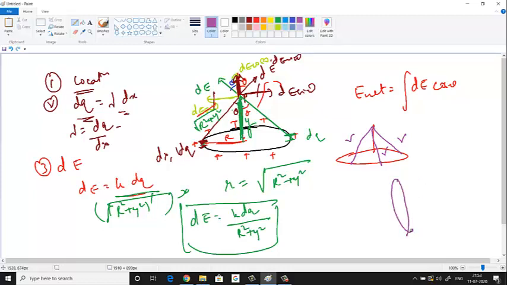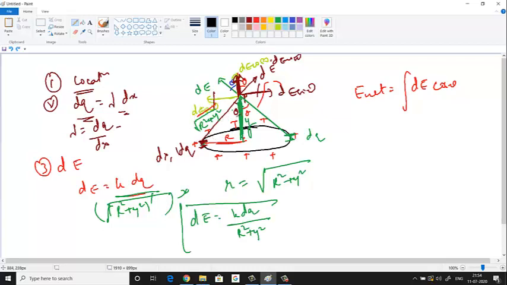The distance of this point is going to be the same from all parts of the ring. So this distance is the same for all the charges. Small r, not capital R, is the square root of r square plus y square.